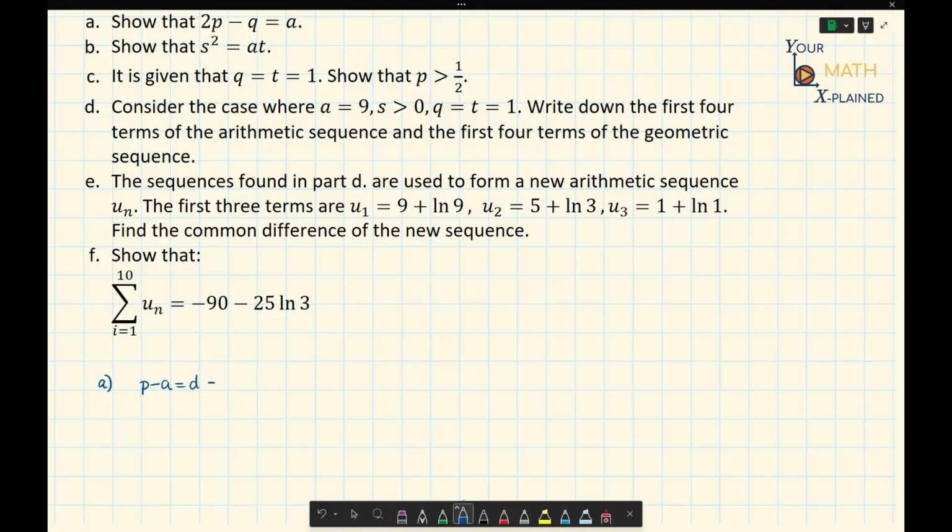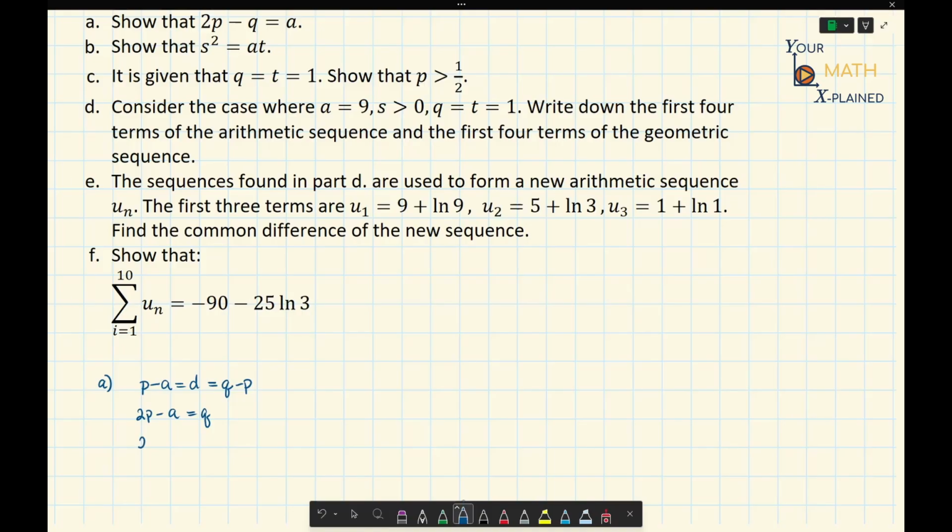But this must also equal the third term minus the second term, which means this is equal to q minus p. So then we have p minus a is equal to q minus p. And now if we move the p from the right side over to the left side, we get 2p minus a is equal to q. And now the last step is just moving the a and the q to the other side.